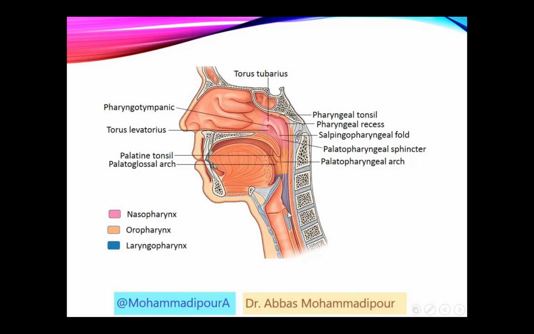And the inferior part, which is located behind the larynx and communicates with the laryngeal cavity, is called the laryngopharynx. Here is the laryngopharynx, which, as I said, becomes continuous with the esophagus. Okay. Let's see these parts one by one.